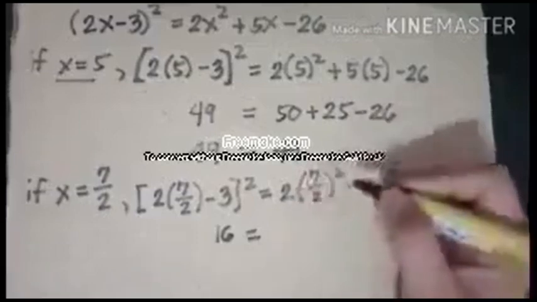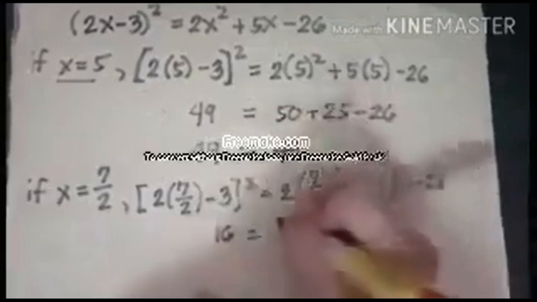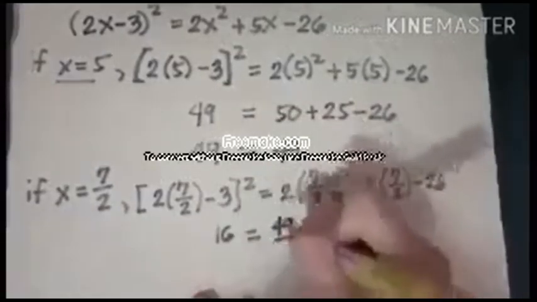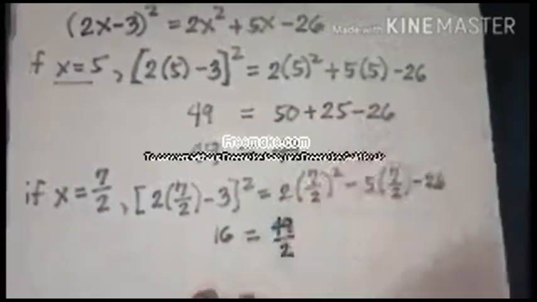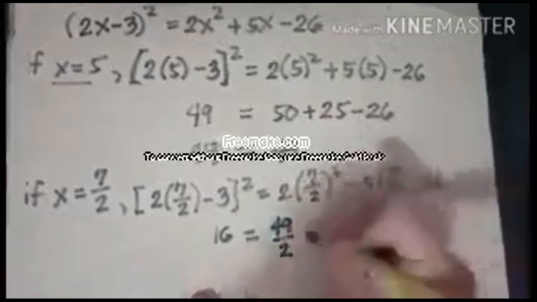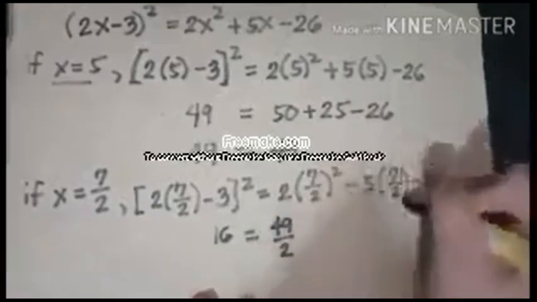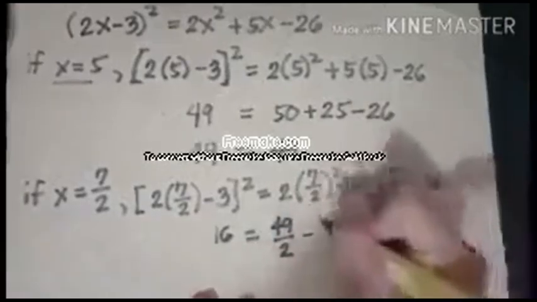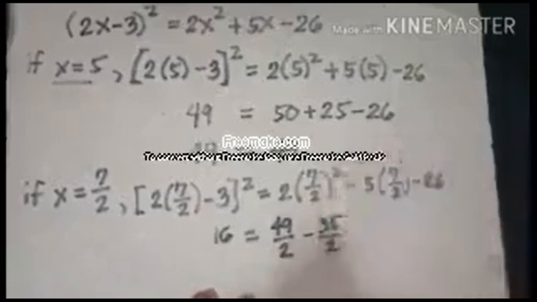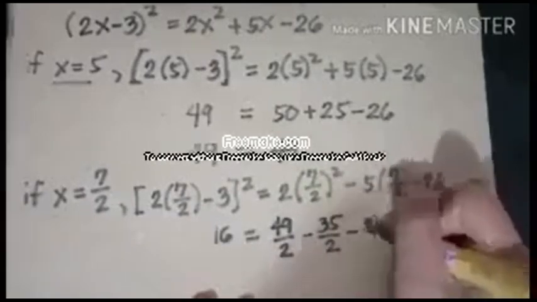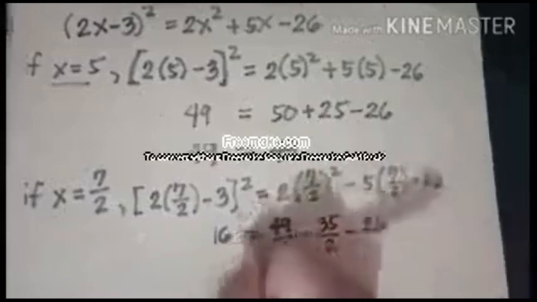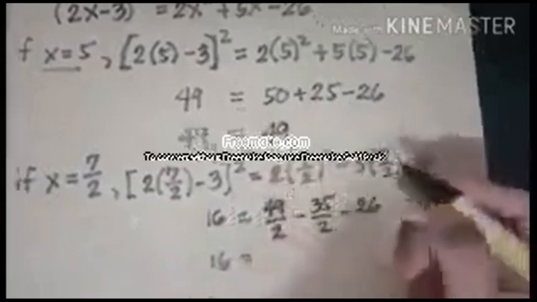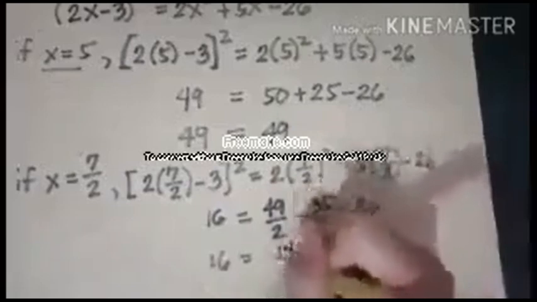So, times 2. So, therefore, we have 49 over 2. Okay? Next, we have negative 5 times 7 over 2. So, you have negative 35 over 2 minus 26. So, we have 16 equal to 49 minus 35 over 2. So, that is 14 over 2.